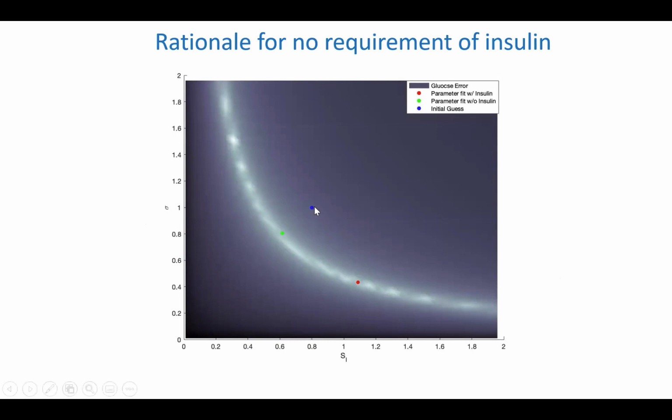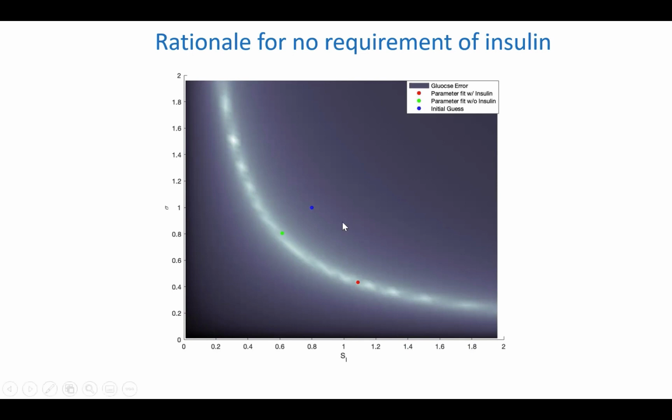The blue dot is the initial guess, and the green dot is SI and sigma without insulin. Along this curve, the glucose fit is constant, meaning the error between data and simulation is minimized.